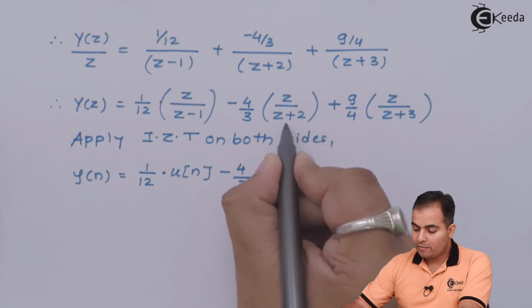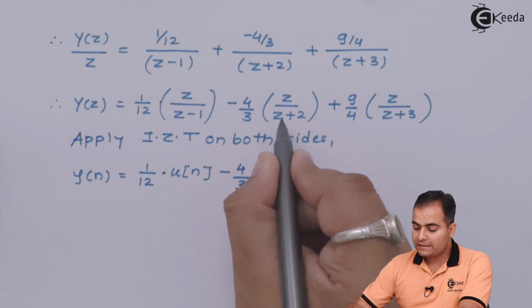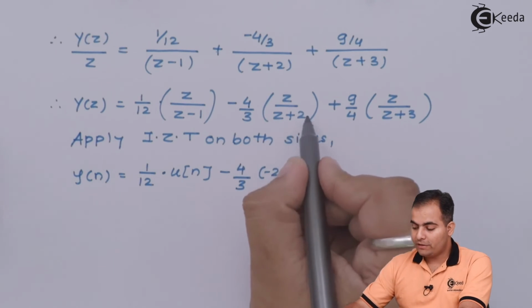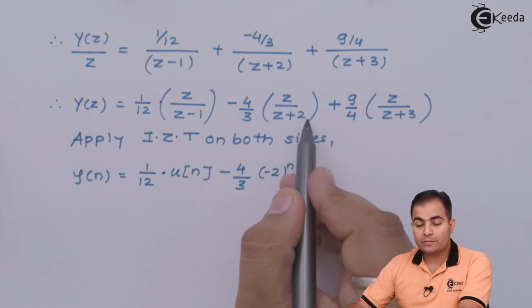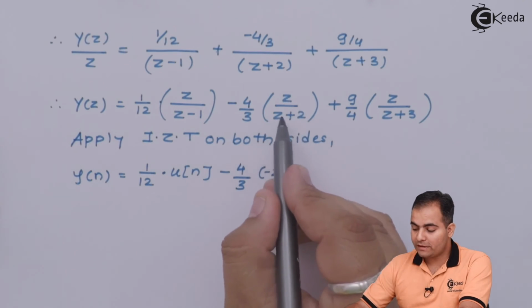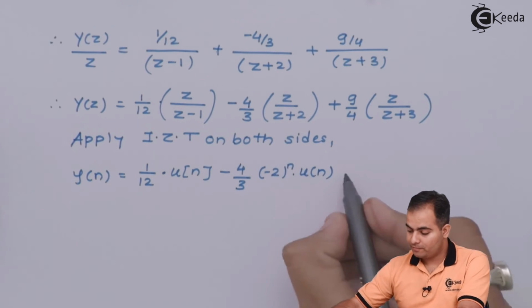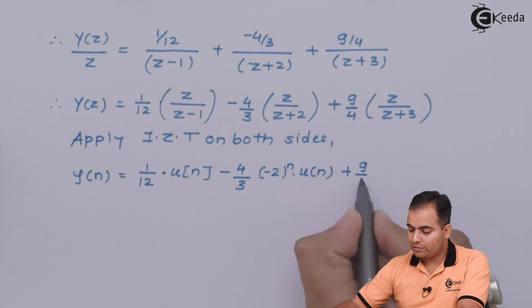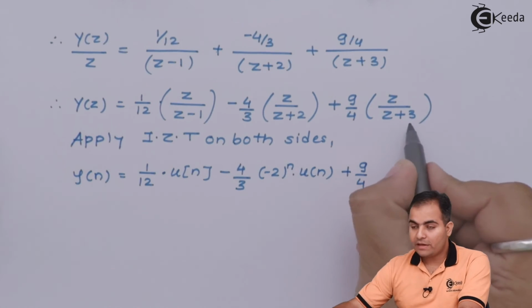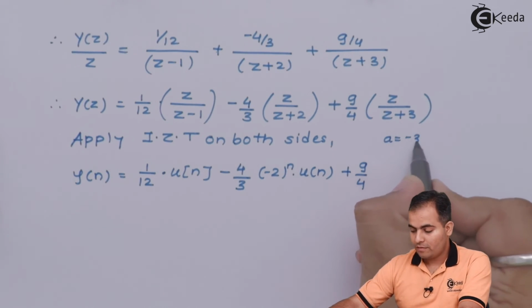And if I take minus 2 common, what we have is z upon z minus of minus 2, and minus 2 I have already solved, so minus 2 is replaced by 1. So what we will get is z upon z minus 1, and the inverse z transform of it is nothing but u of n. Similarly, here also 9 by 4 I will take constant. Here my a value is minus 3.